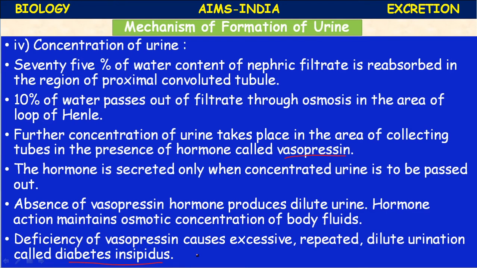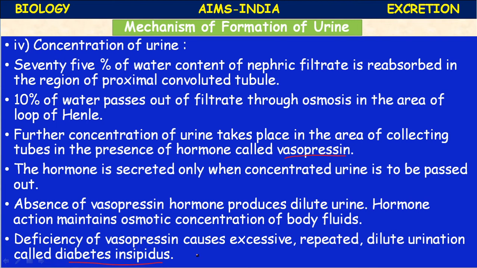Okay, frequently they have to pass urine because the mechanism of concentration of urine is hampered due to the deficiency of which hormone? Vasopressin. Okay, the action of this vasopressin hormone is to maintain the osmotic concentration of the body fluids.